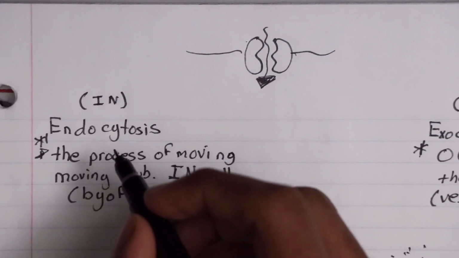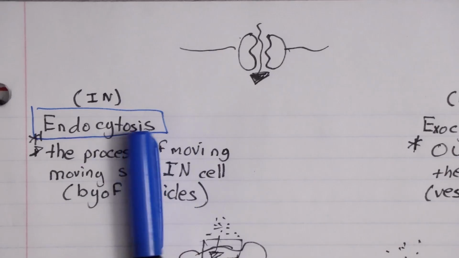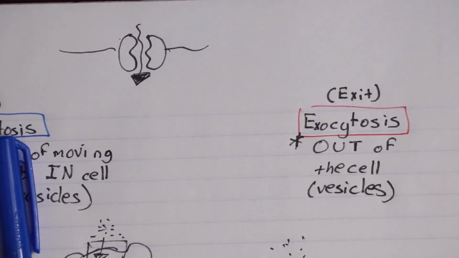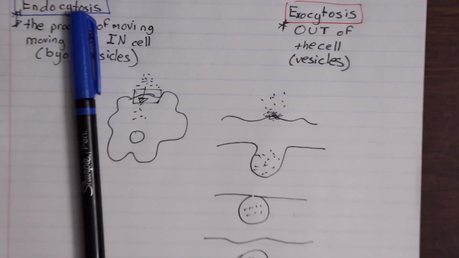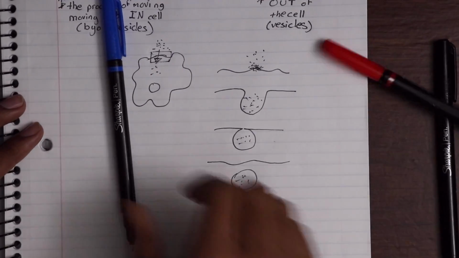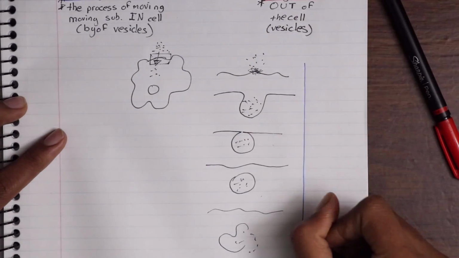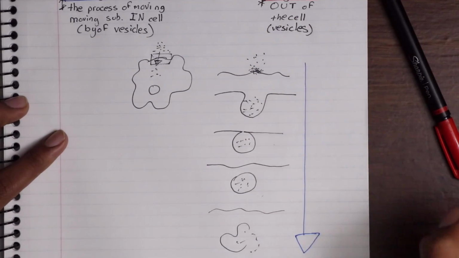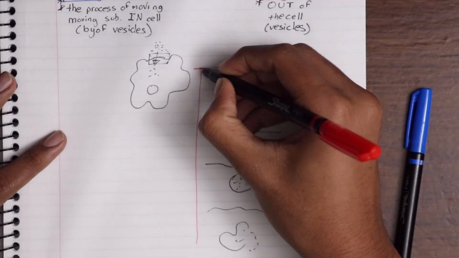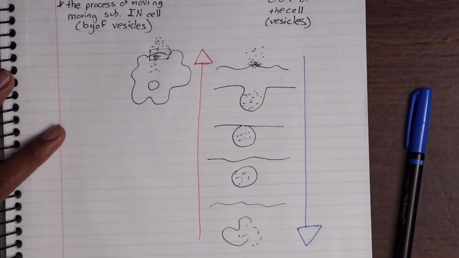Endocytosis over here, let's write that in blue. Exocytosis over here in red. Let's do it out so we're not moving so much. There we go. Endocytosis would be going from like this. Exocytosis would be going just like that.